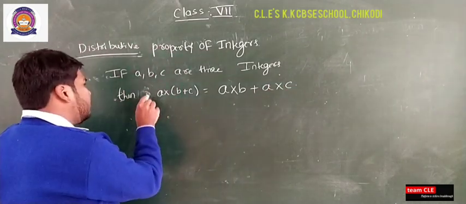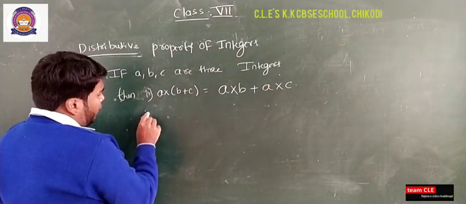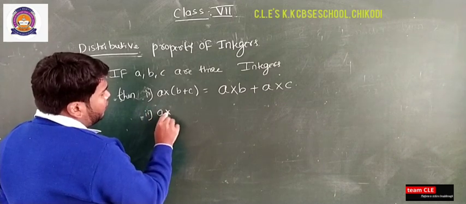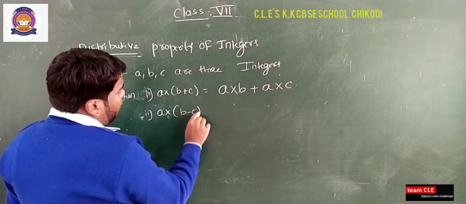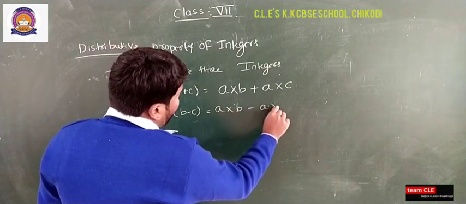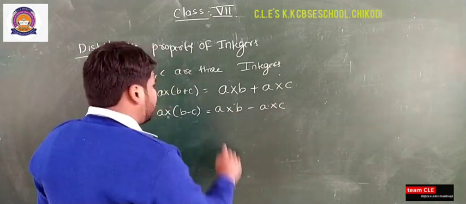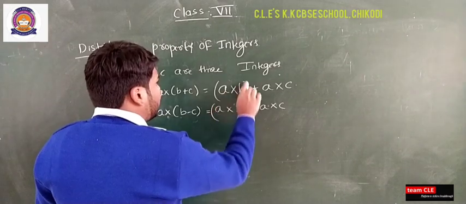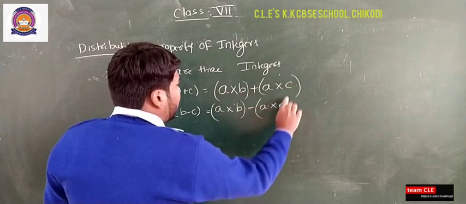Okay, so this is the first case. One more case, that is a into (b minus c), which is equal to a into b minus a into c. Okay, so these are the cases for the distributive property.